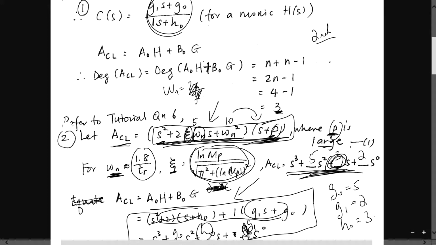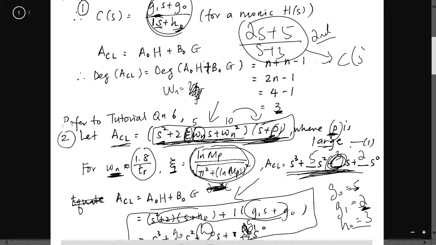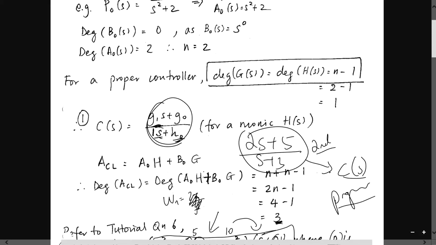In this case, G1 is 2, so it's 2s plus G0, which is 5, over s plus h0. H0 is 3, so it's just s plus 3, and therefore this is your equation for your proper controller, with its proper criteria to follow.